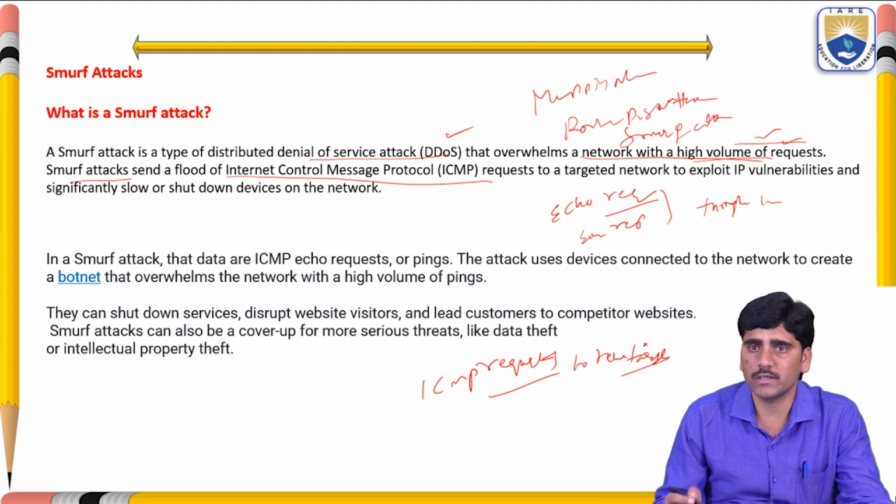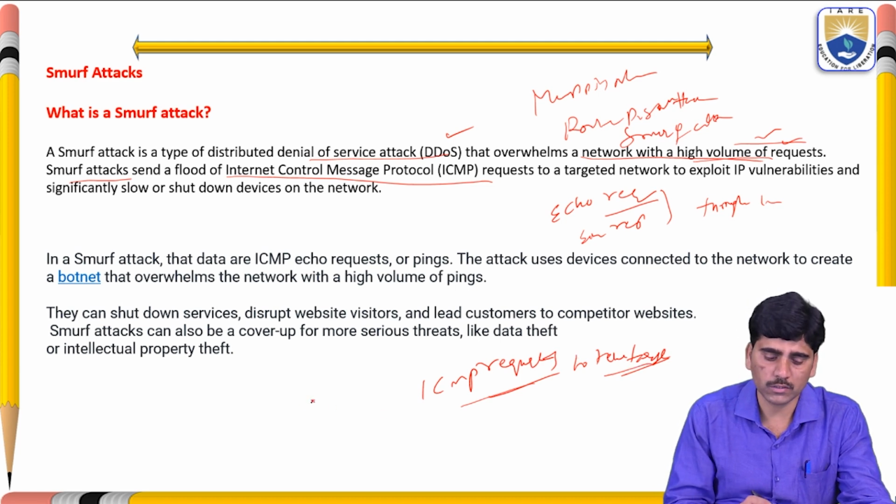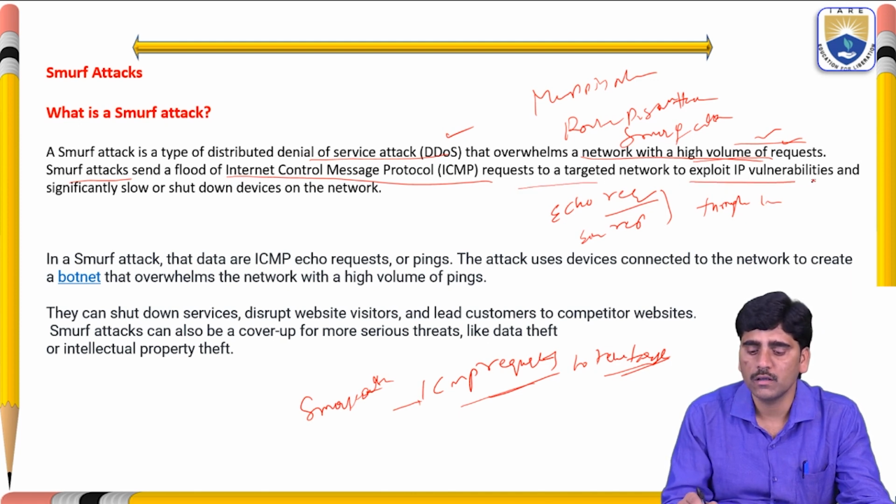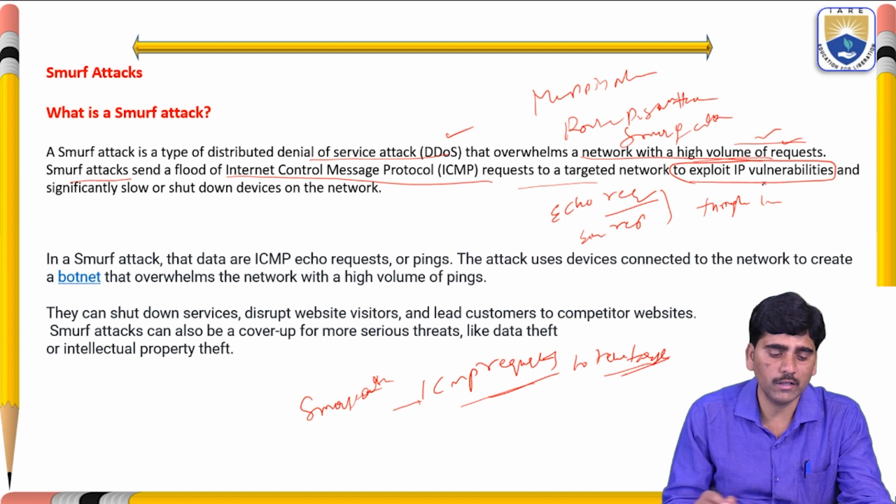Smurf attacks divert the system so that it does not have a correct connection to the target. The ICMP requests go to the target network to exploit IP vulnerabilities and significantly slow or shut down devices on the network.